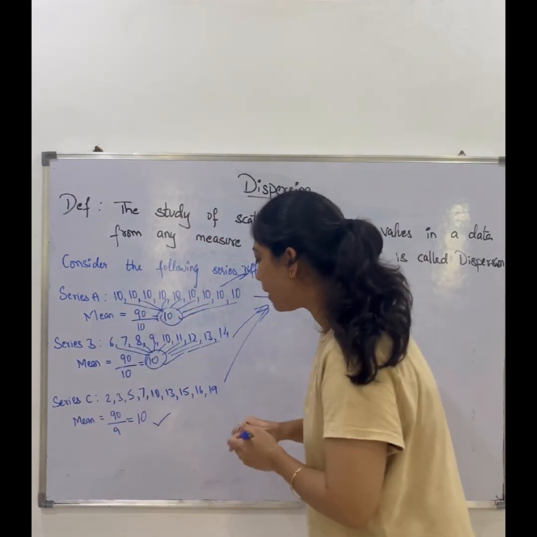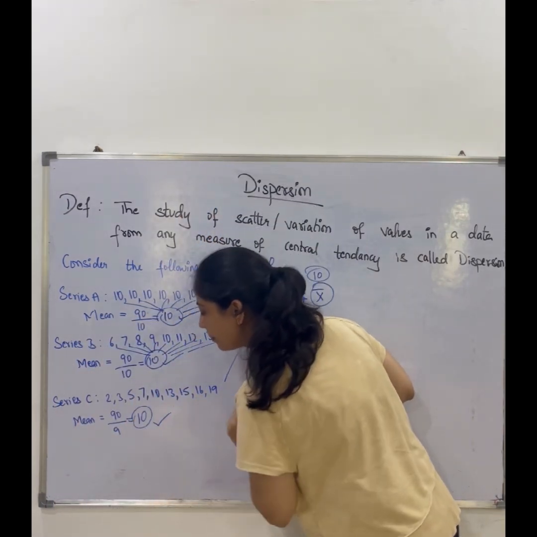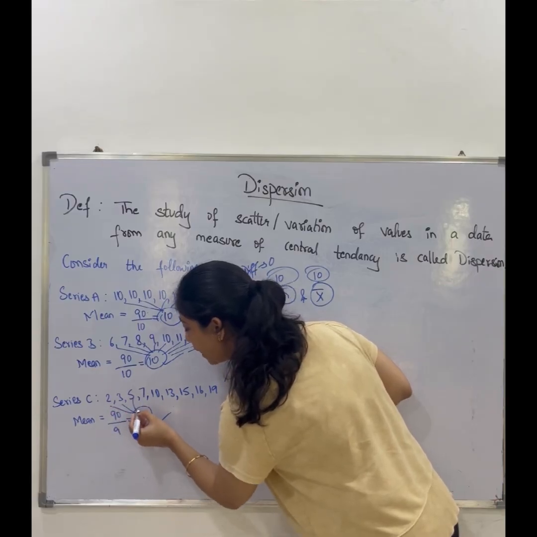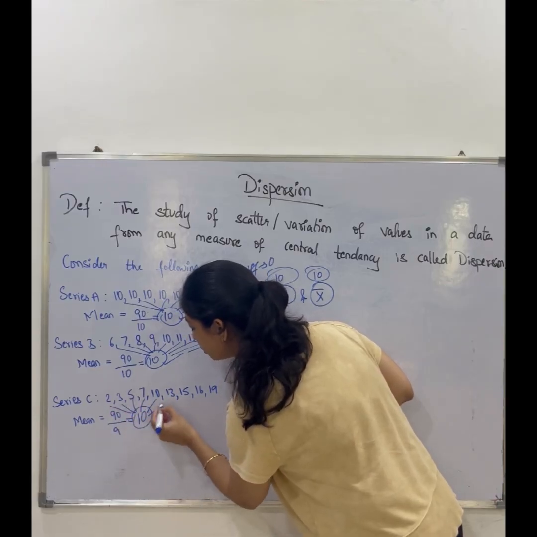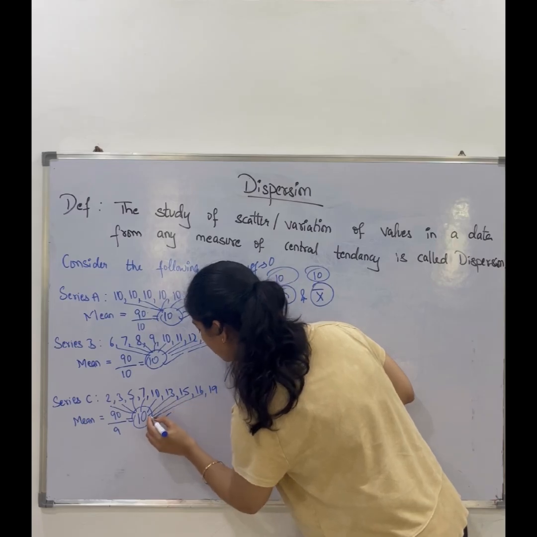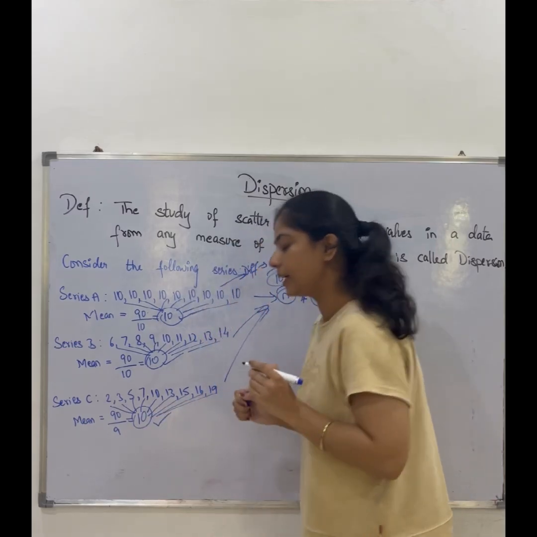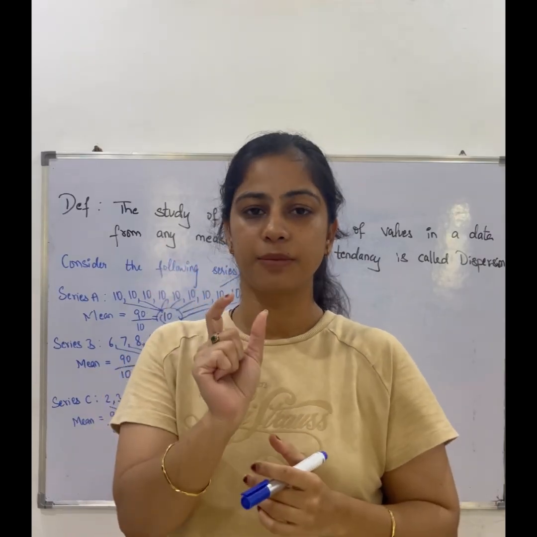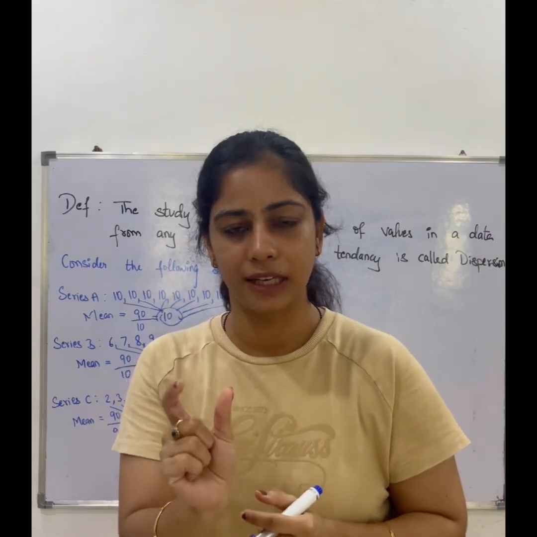Now let us go back to the series number 3. In this case the difference here is 8, 7, 5, 3, 0, 3, 5, 4, 6 and 9. Here also we can see there is a difference from the observations to your central value.